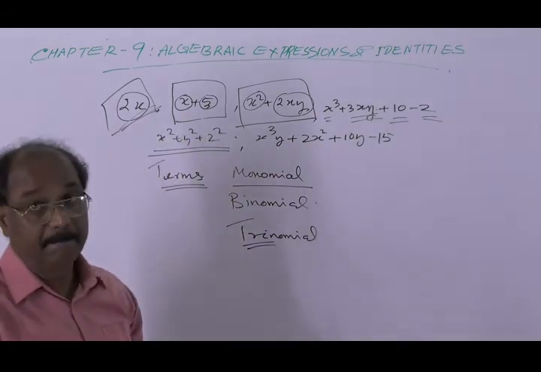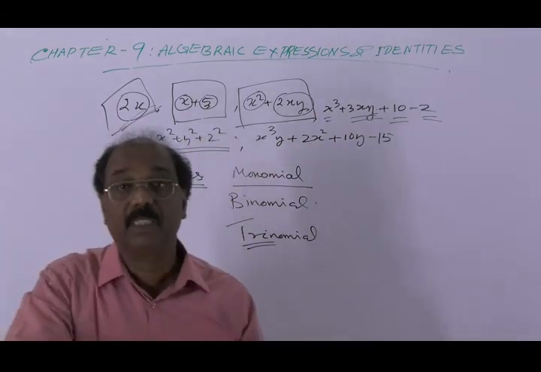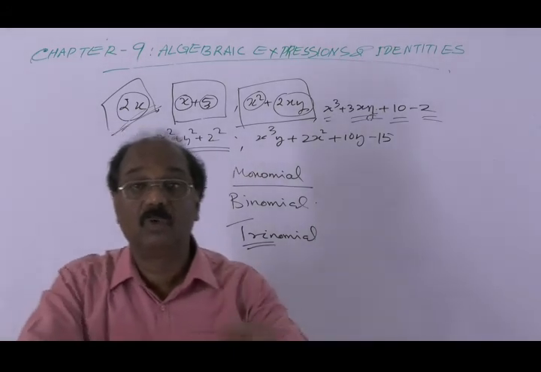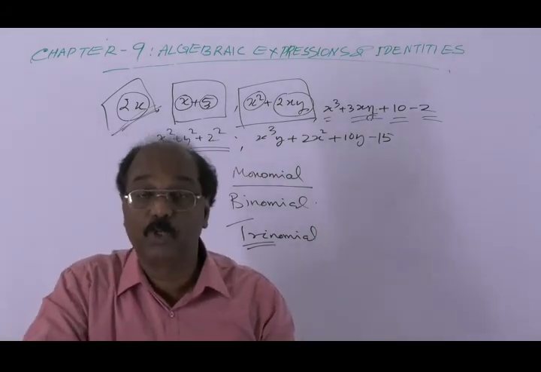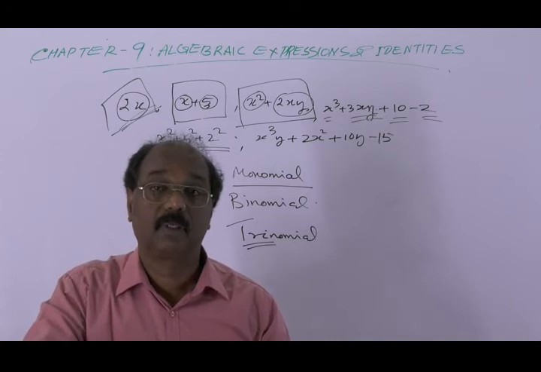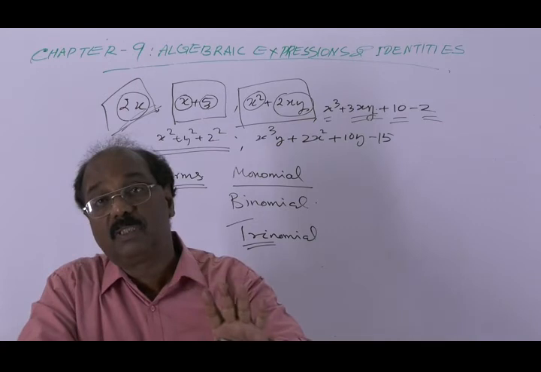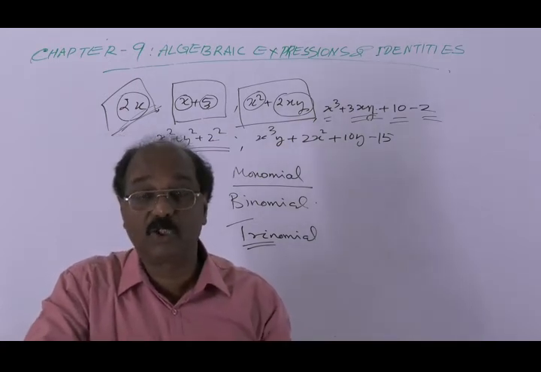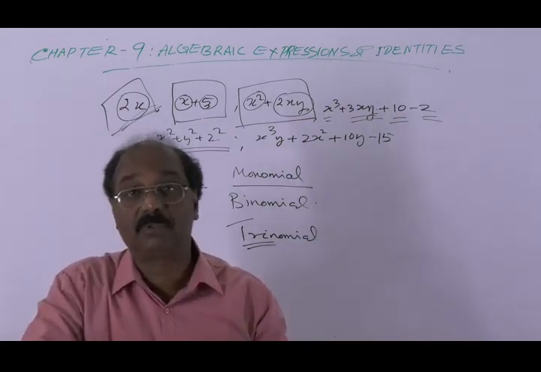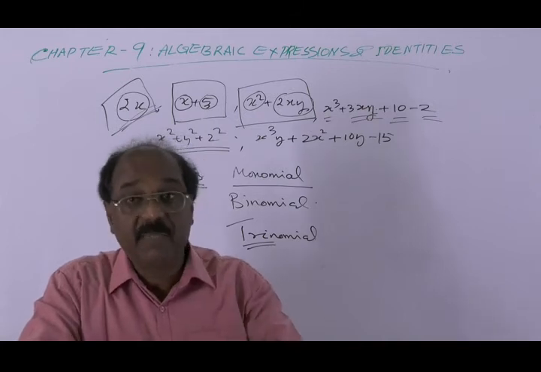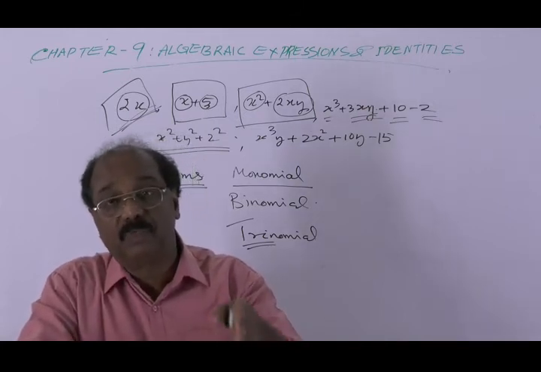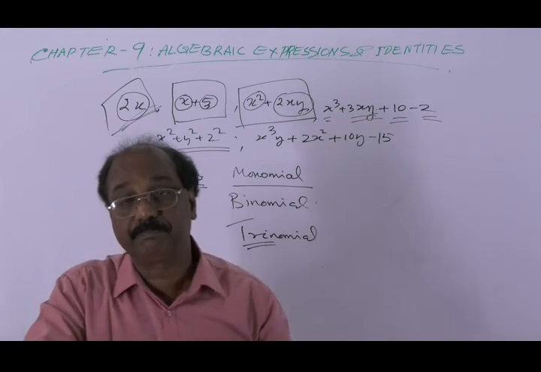And again, consider the terms of two polynomials. Two terms of the polynomials are said to be like terms if the variable parts of these two terms are the same.